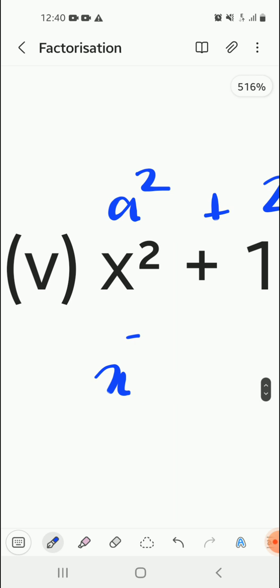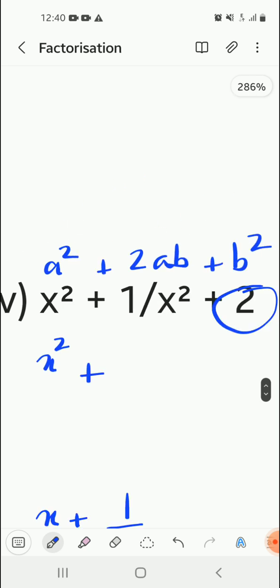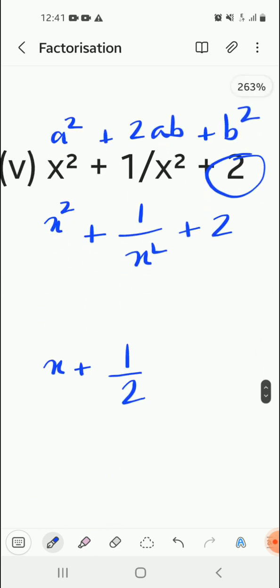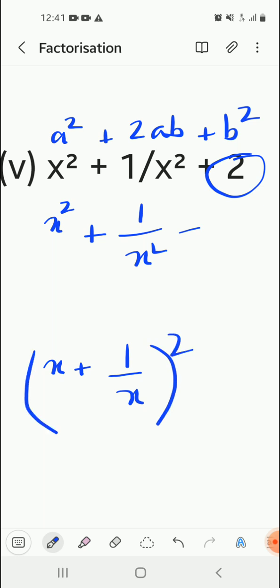Break it up. See, x square plus there is 1 by x square, plus 2. So it is basically the x plus 1 by x whole square formula.